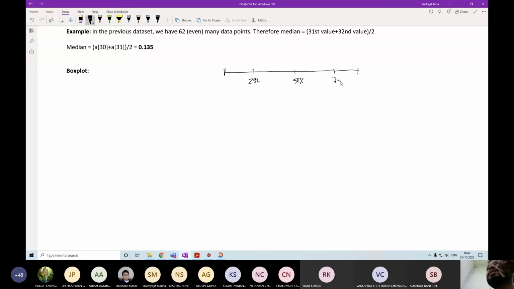And 75th percentile, which is the third quartile. And then what you do, you just draw a box. Okay, that's it. You just draw a box from first to third quartile. Okay, and you sometimes put a bar to denote the median. Okay, so this is what they call a box plot.